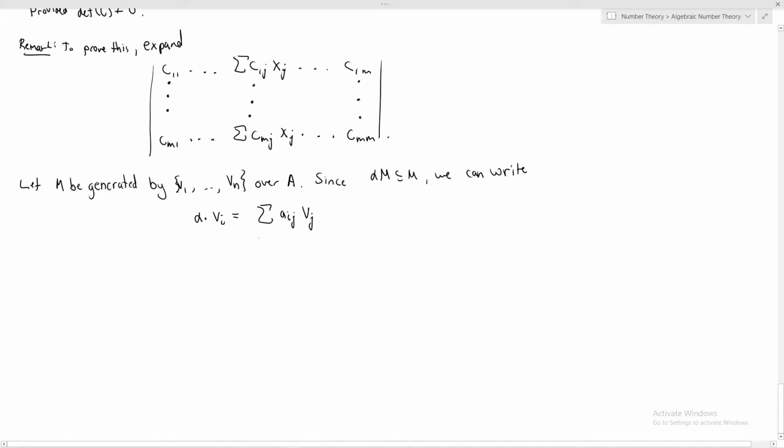Now, rearranging these equations, sorry, that's not entirely true. They're going to be very closely tied to my c_ij's.